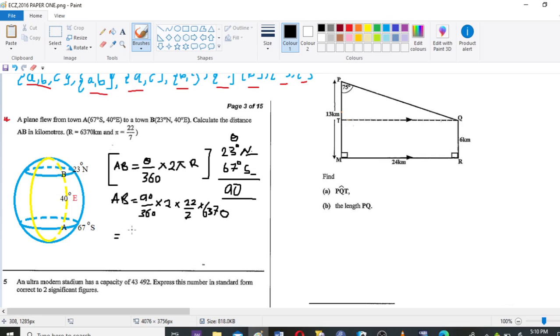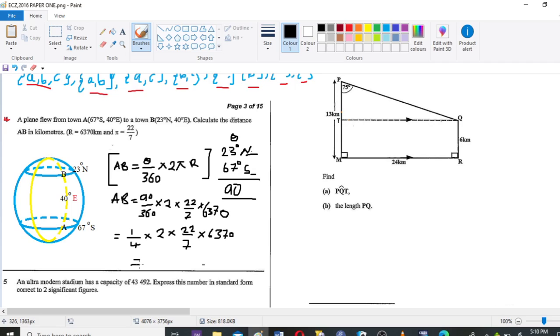You can simplify this. You know that 90 into 360 will give you 4. And you can get your 2 multiplied by 22 over 7, multiplied by 6370. This is what we are getting there.